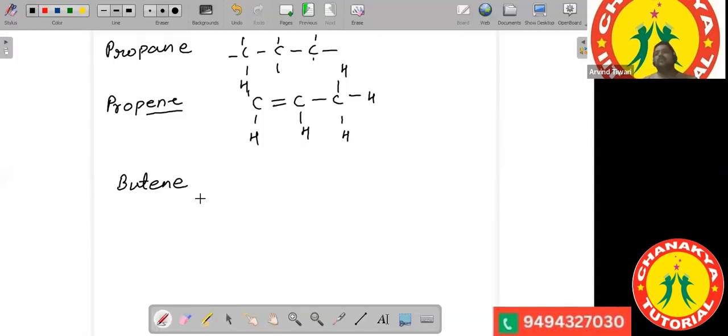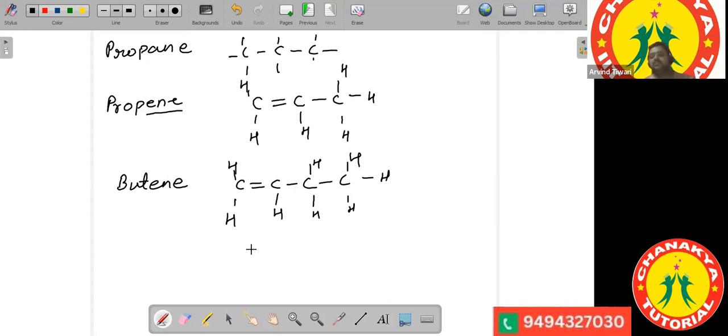So see, if you draw butene, its structure is possible like this, with two hydrogen over here, one hydrogen here, 2 and 3. So this is a structure of butene. Now, not only this, another structure is also possible. You can draw it something like this also.